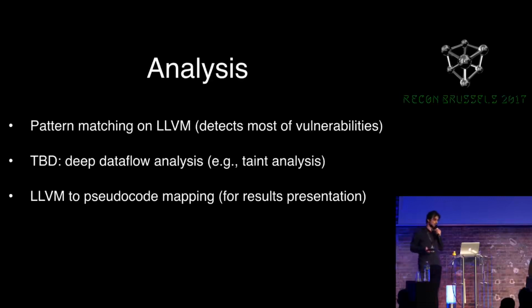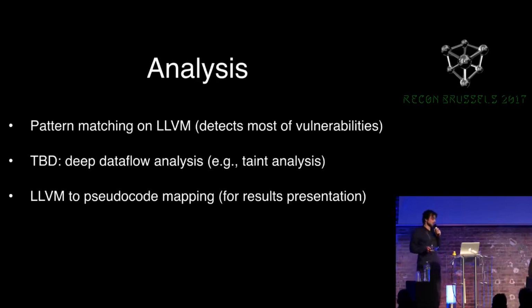For other vulnerabilities, we will develop other data flow analysis algorithms, for example, taint analysis. We have done it already for x86 architecture for detecting memory management bugs and format string vulnerabilities.